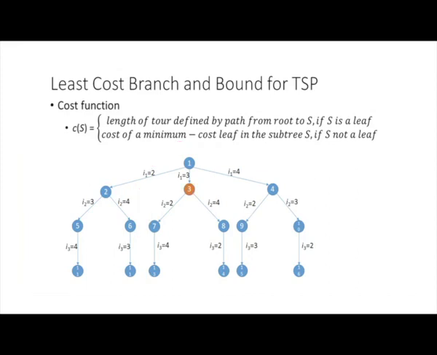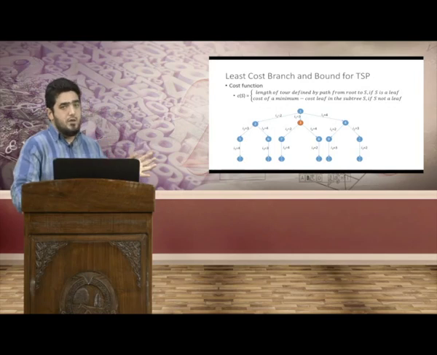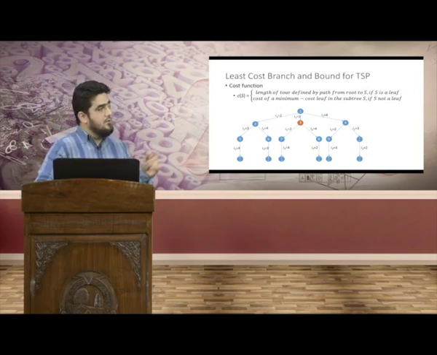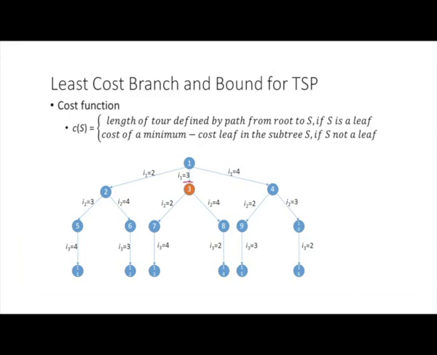Now, in case the node is not a leaf node, let's suppose on the slide we'll consider node number 3 here. So what will be the cost of node number 3? As you can see from the definition, for a node which is not a leaf node, the cost of that node is the cost of the minimum cost leaf in the subtree of S. Now let's have a look at the subtree of this node 3. How many leaves are there?